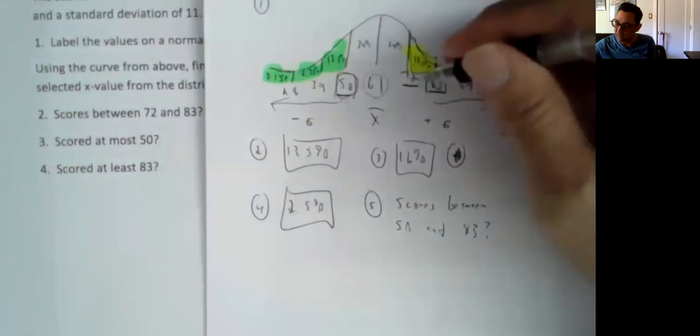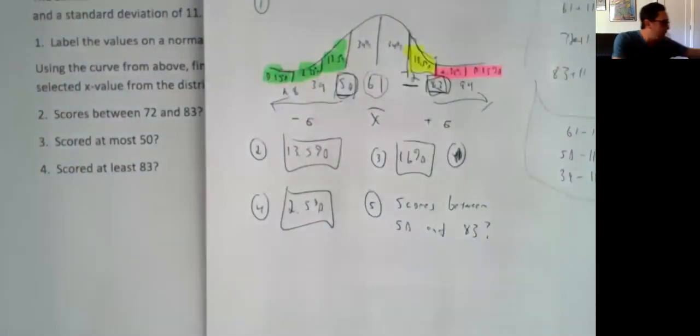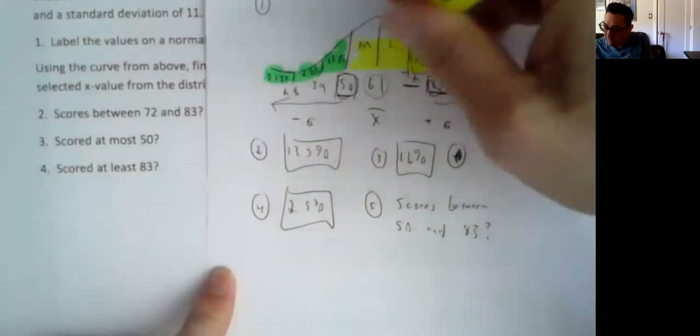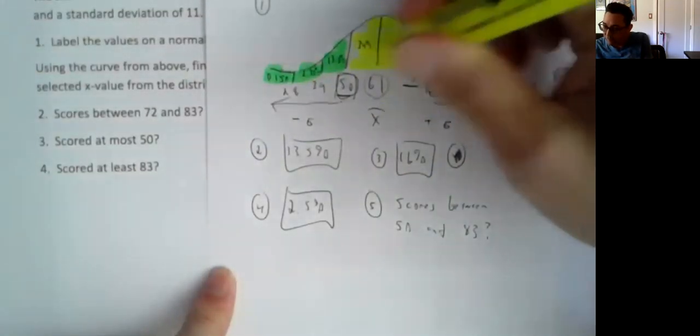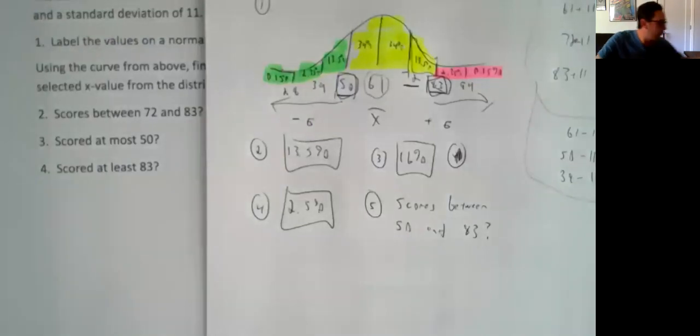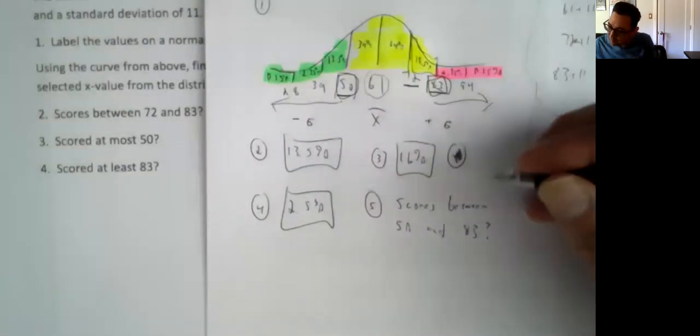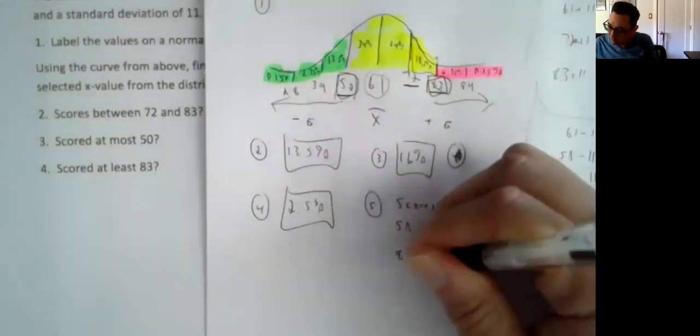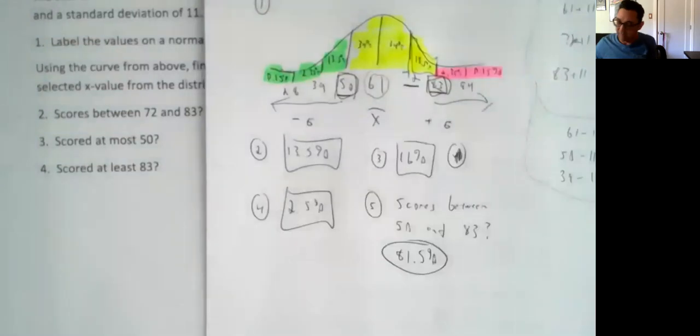Well, here's 50 and here's 83. So that's going to be all the people in this big yellow range. So we need to add them all up. That's 34 plus 34, which is 68, plus 13.5, and that would be 81.5%. And there's my answer.